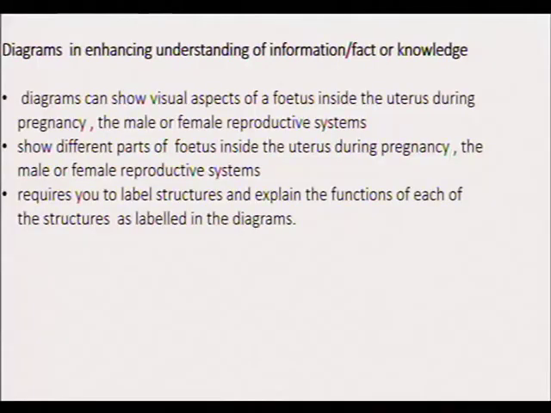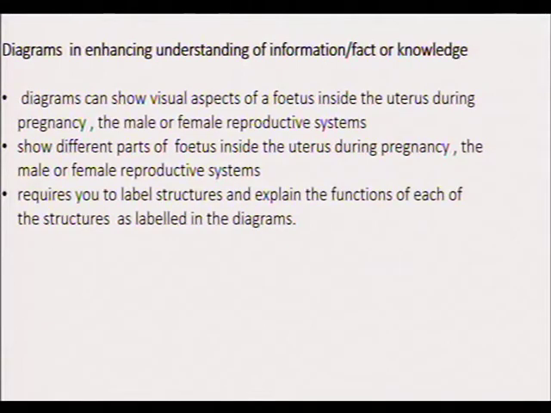You can also expect some diagrams under the biological section in an examination where you can be given a diagram and then you need to answer the question based on the diagram. For example, it can be a diagram of a fetus inside the uterus during pregnancy, or a diagram showing the male and female reproductive system.